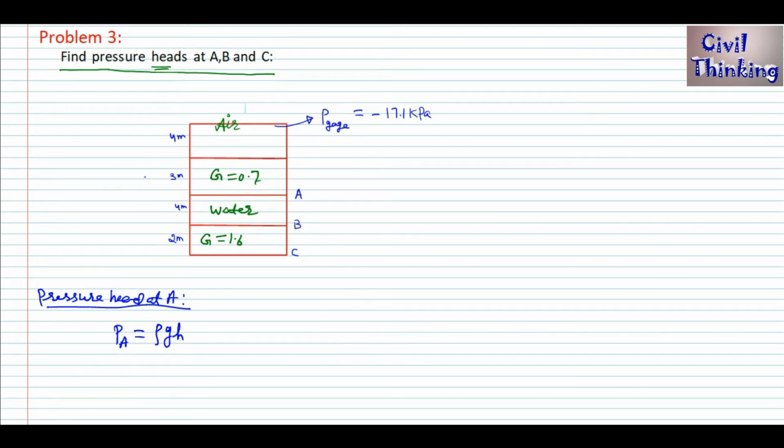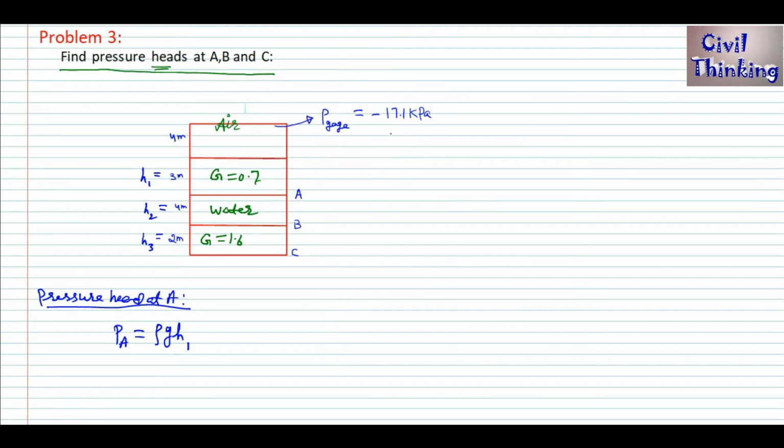Let us call this h1, let me call this h2, and let me call this h3. So the pressure at A will be what? Due to h1, right? But there is another pressure too which is acting above A, and which is negative, means this is vacuum pressure.